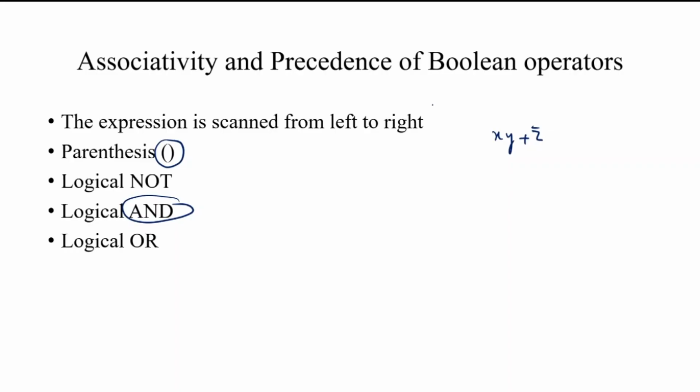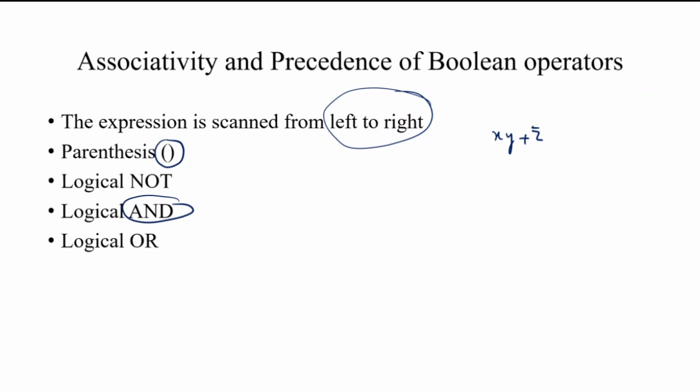In that situation, what is the order of precedence? When we talk about the associativity of evaluating a Boolean expression, associativity is left to right. We simply start from the left and move to the right.